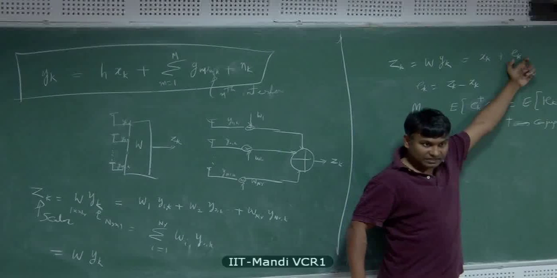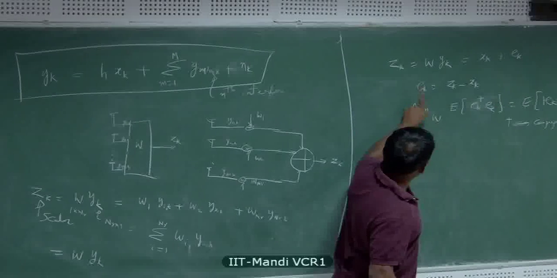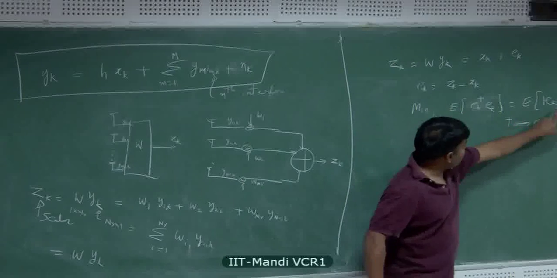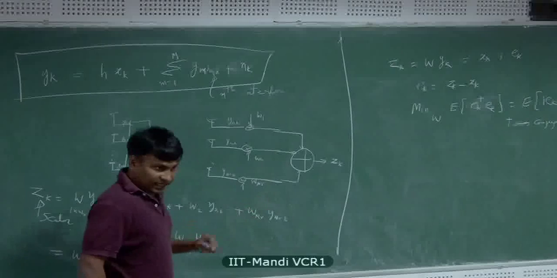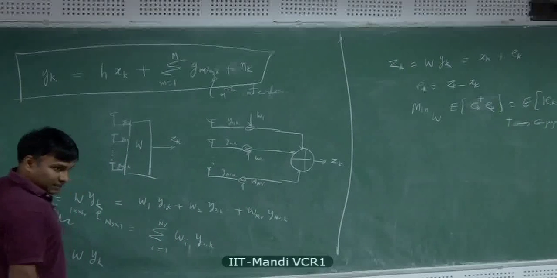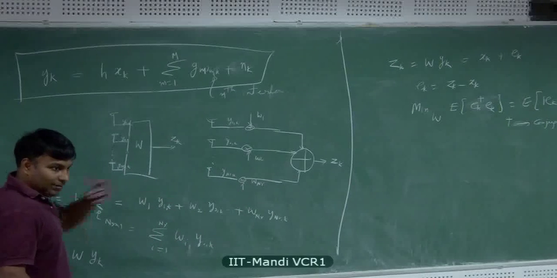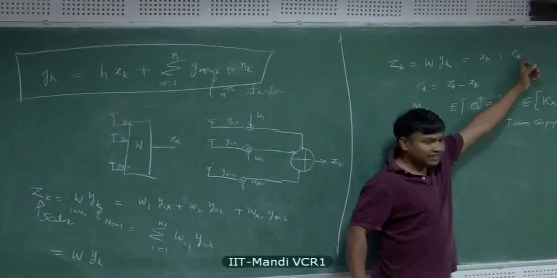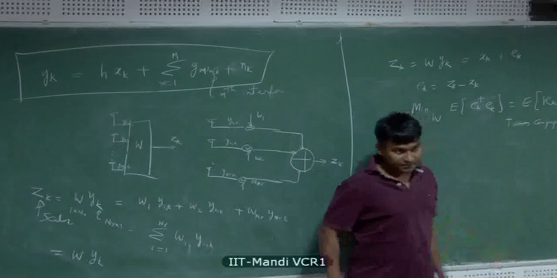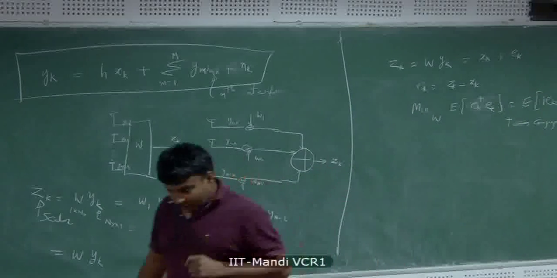Therefore, you want to minimize the expected value of ek squared, which is a scalar. Does it make sense? You combine first, bring it down to a scalar model, and then minimize the variance at the output, of ek.